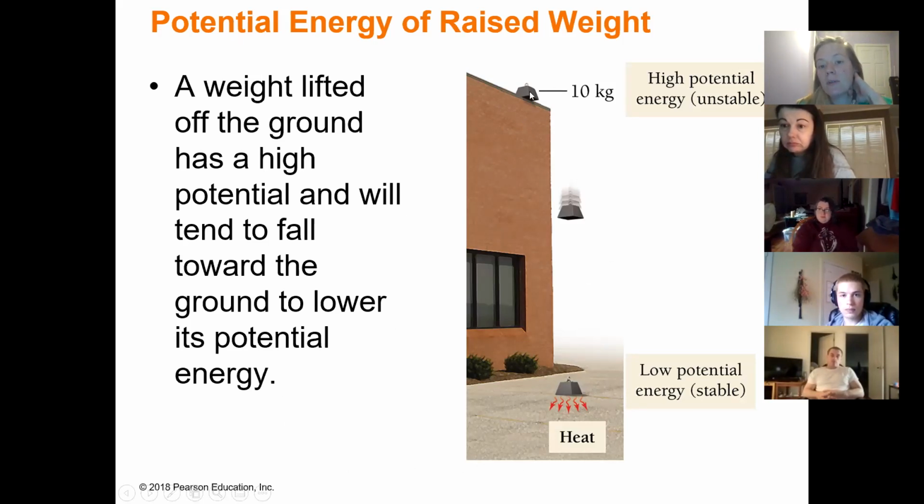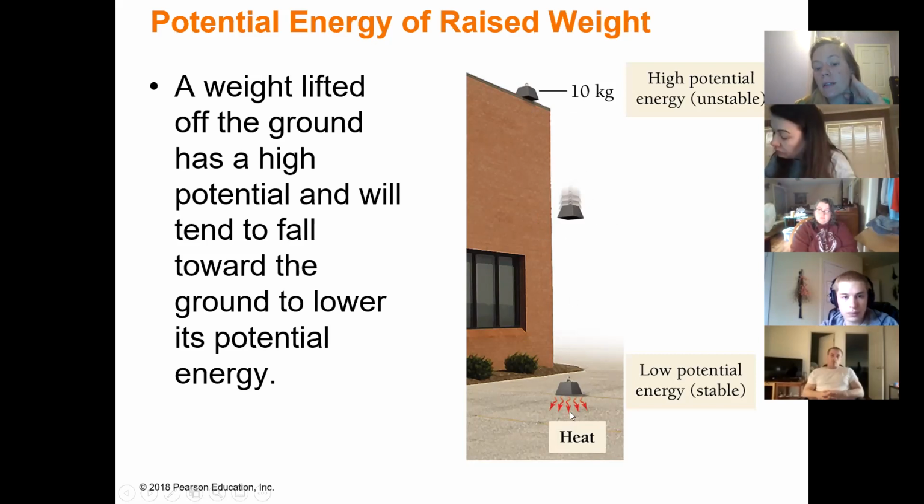So if this thing was to fall, it's unstable, it has a high potential energy, it wants to move towards a lower potential energy. The way that would happen is this weight would fall. The potential energy in it would turn to kinetic energy. It would hit the ground, and when it hit the ground, that kinetic energy would shift into heat or thermal energy.